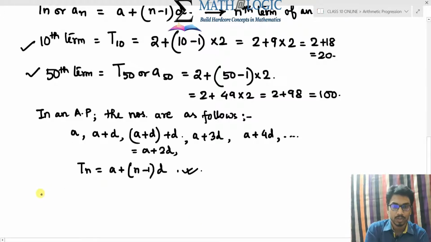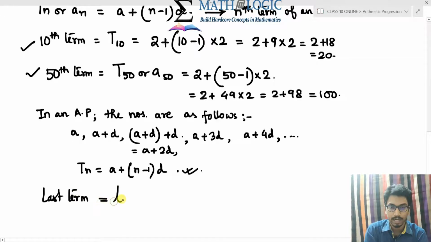Now suppose the last term is L. The last term is denoted by the letter L, or you can say Ln. It will be better if you write L only. Only L. Clear?